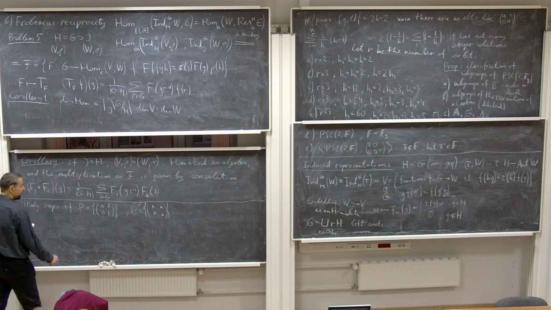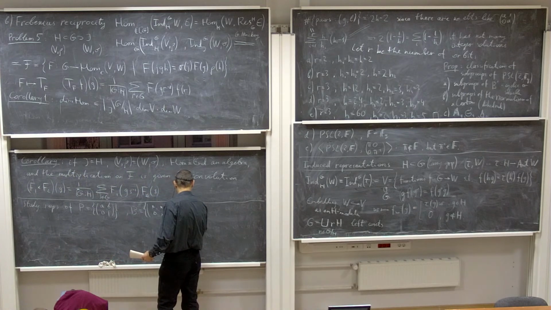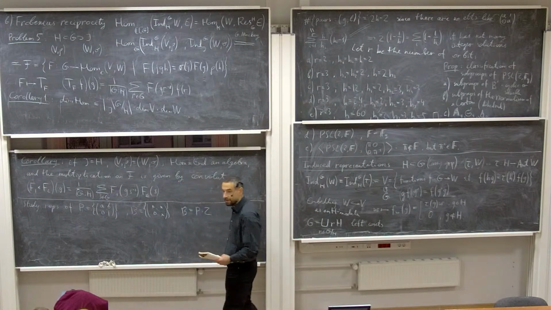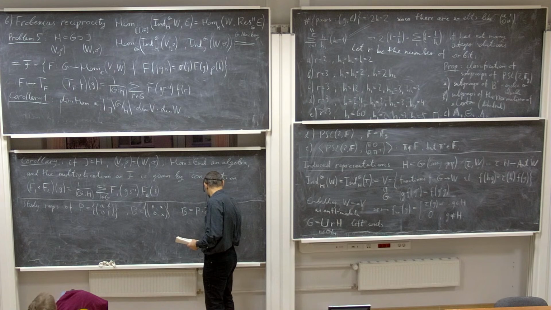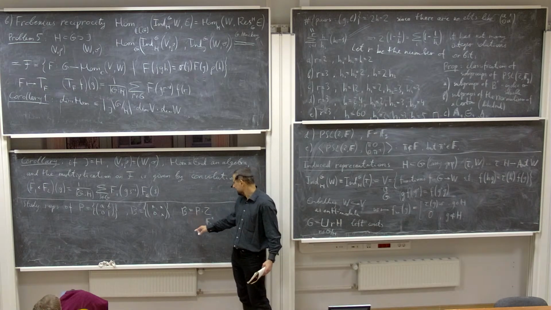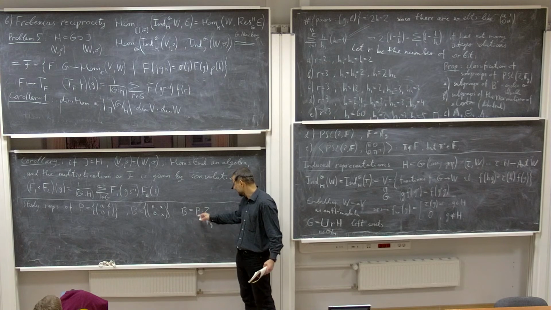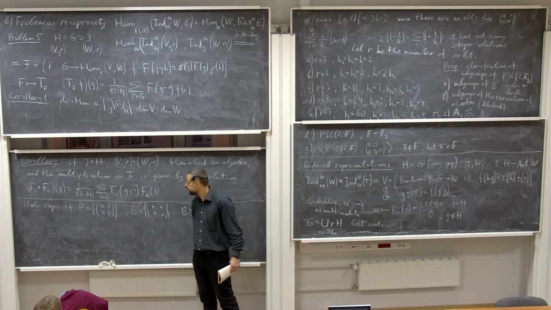Well, in fact, B is just the product of this mirabolic subgroup times the center. The center is just the multiplicative group of our field. So if we know the representations of P, then we know representations of B. So we start with P.